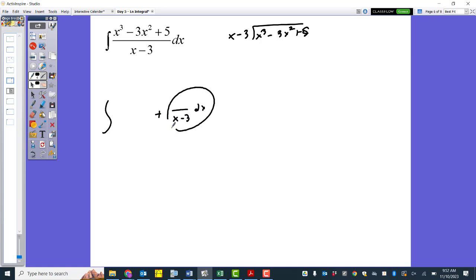This is the only part that'll have to be u substitution. And this would be your remainder. What's out here is whatever you get on top. That goes there. And then you should be able to integrate it after doing long division.